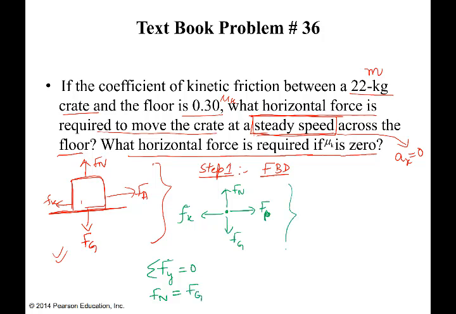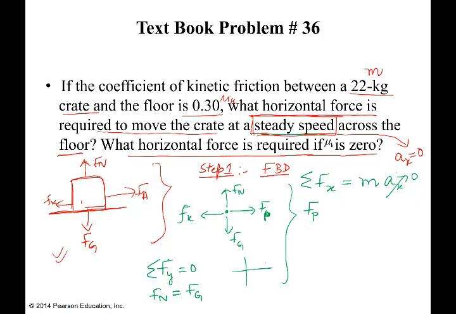Let's take a look at what is happening in the x direction. The net force in the x direction is equivalent to mass times acceleration. But the crate does not accelerate in the x direction either, so ax is 0; it's going at a steady speed. What are the forces in the x direction? We have Fp, which is positive.